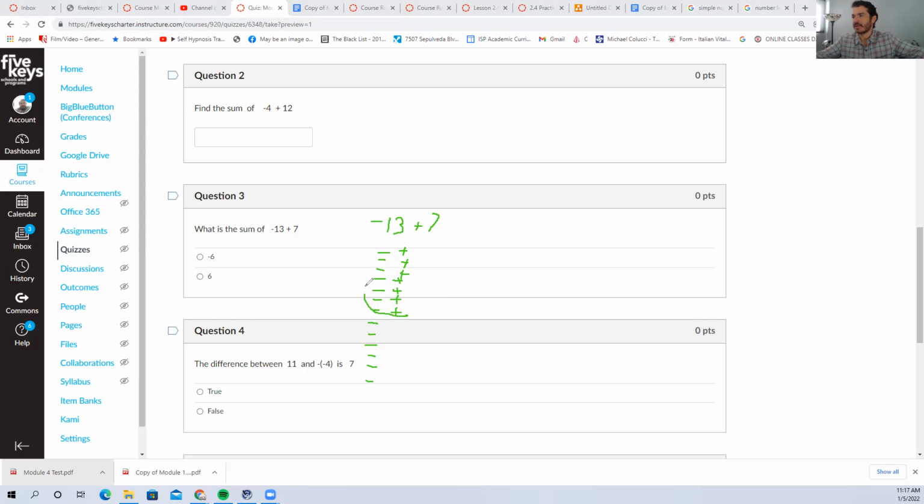These guys are all going to cancel each other out. And I'm left with 1, 2, 3, 4, 5, 6 negative charges. So the sum of -13 and 7 is -6. Okay.